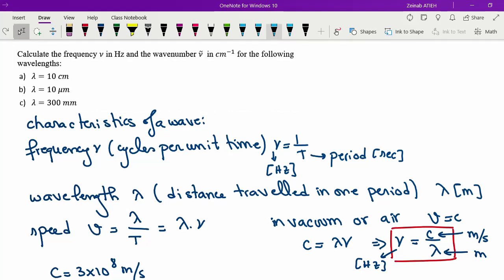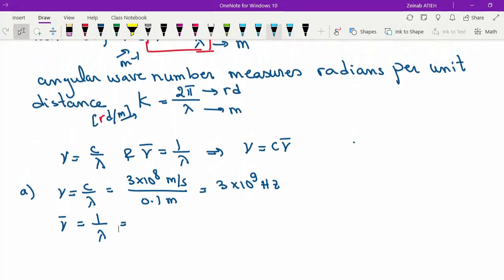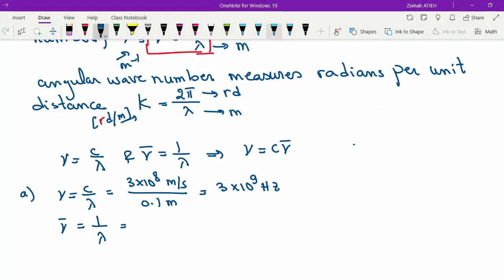So I have to pay attention either to change it from the beginning or to change it at the end. If I substitute lambda in centimeters, I will get nu bar in centimeter minus 1. So I will keep lambda as 10 centimeters, and I will get 0.1 centimeter minus 1.